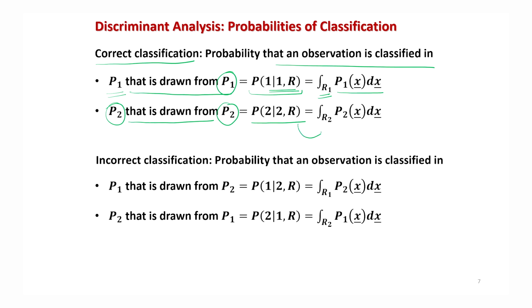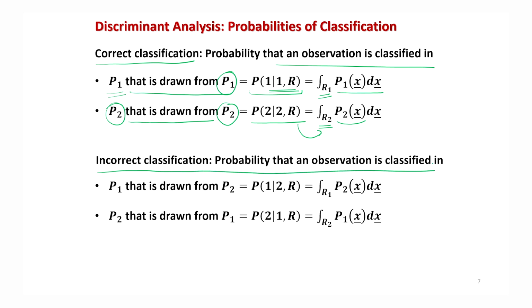And this probability can be computed by using the probability density function of P2 and integrating it over the region R2. Well, I am assuming here that my random variables are continuous, but without loss of generality, they can be discrete also. But doing the same thing for discrete and continuous is time consuming. So that is why I am considering only the continuous case here. Similarly, we can also find the probabilities of incorrect classification.